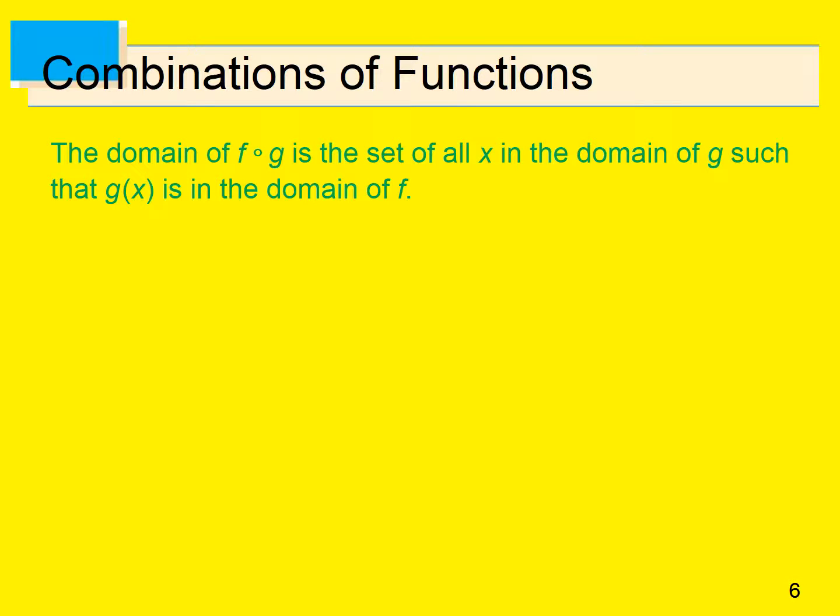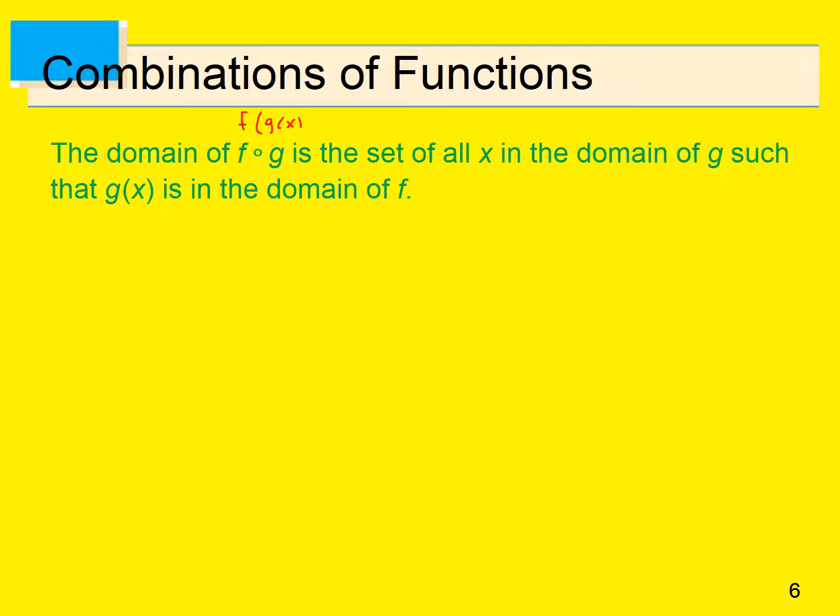Definition of the domain of a composition. The domain of f composed with g is the set of all x in the domain of g such that g of x is in the domain of f. So it's kind of a two-step process here. x has to be in the domain of g, right, because this is f of g of x.